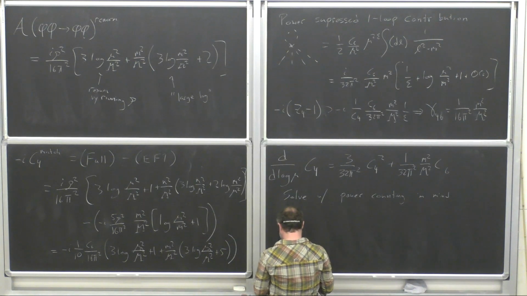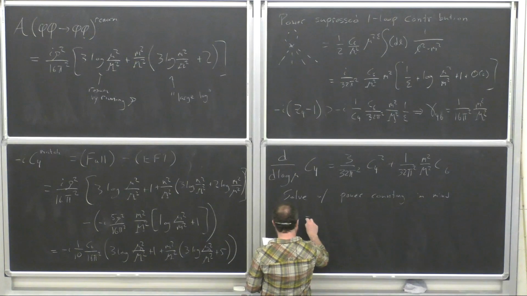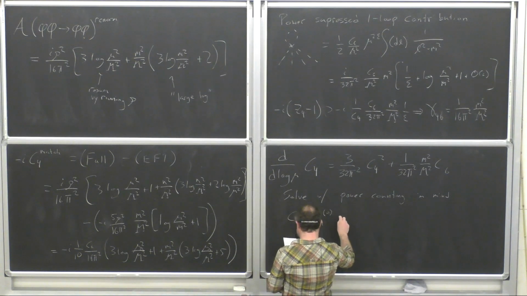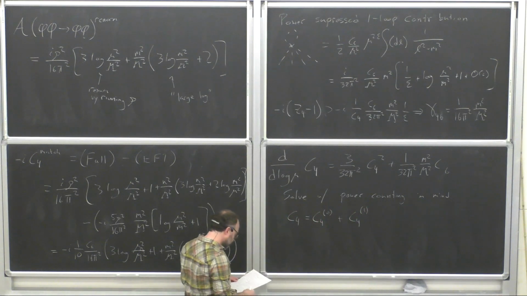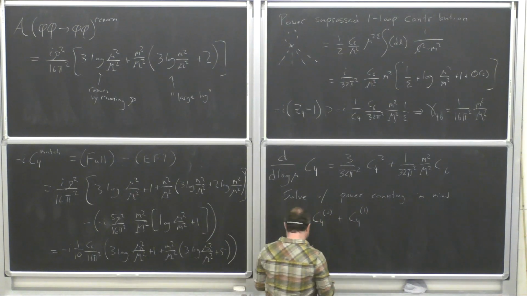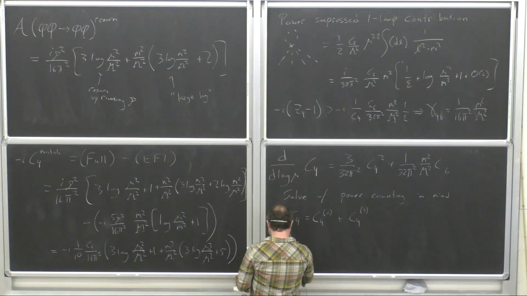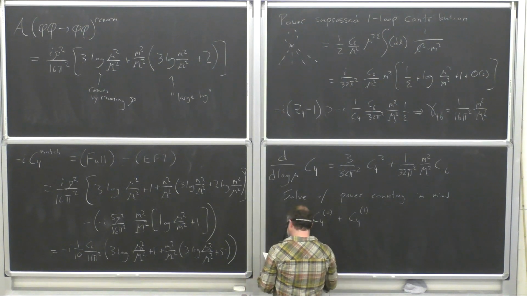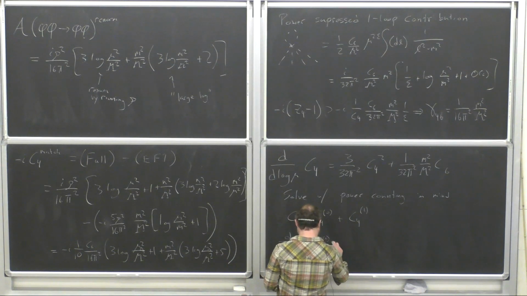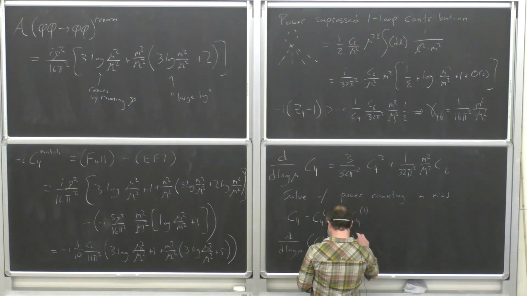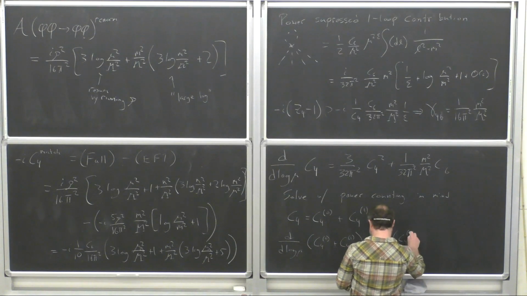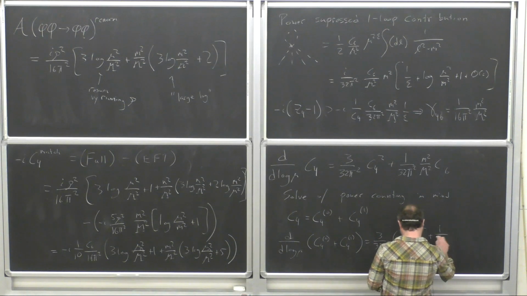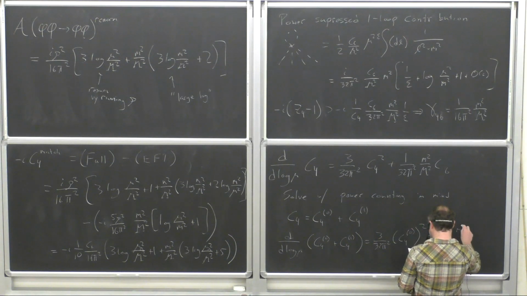So we write C4 is C4 0 plus C4 1. Okay, that's the order in power counting. And then the differential equation d log mu of C4 0 plus C4 1 is 3 over 32 pi squared C4 0 squared plus 1 over 32 pi squared m squared over capital M squared C6.